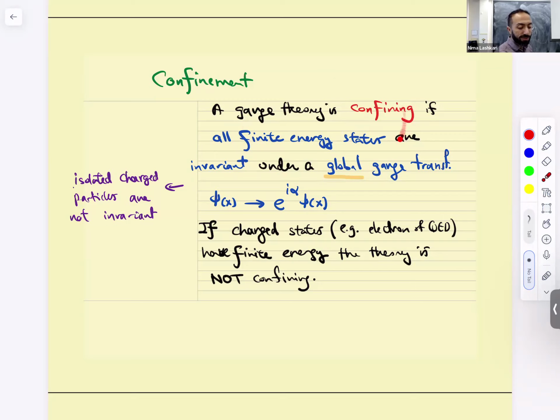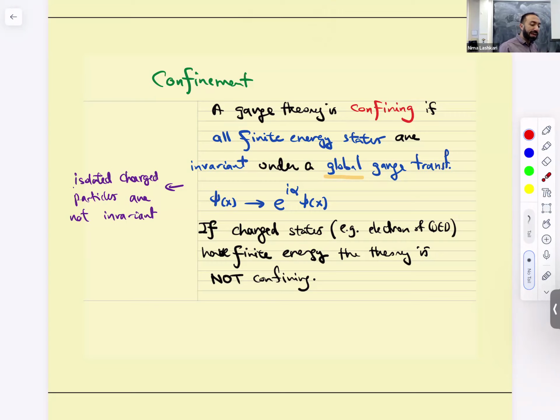Therefore, one consequence of this definition is that an individual fermion should acquire infinite mass, infinite energy to create. The single fermion excitation should cost infinite energy, so it should be outside the Hilbert space. Another way of saying it is that if charged states, like the electron of QED, have finite energy, the theory is not confined. Does that answer your question? Good.